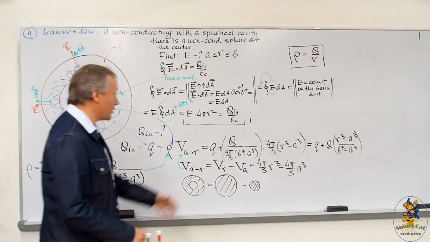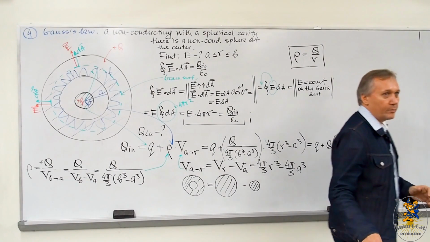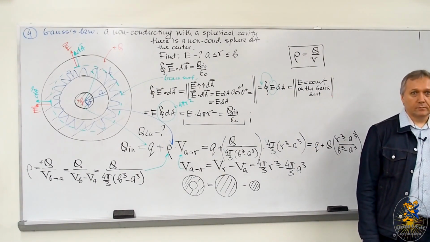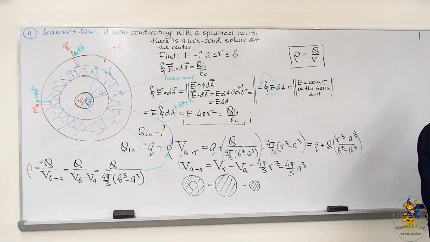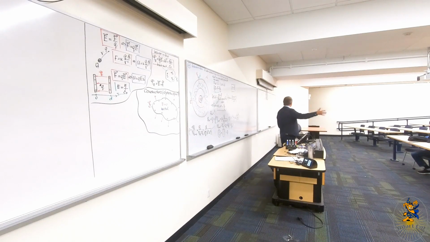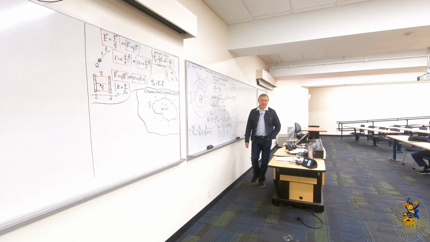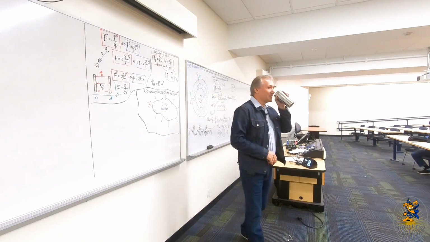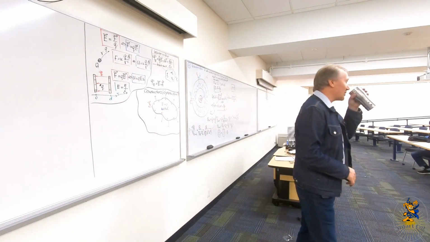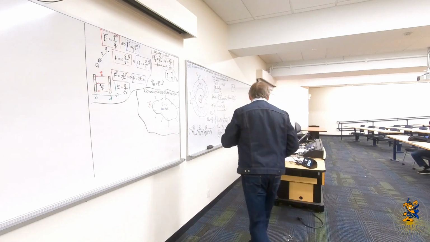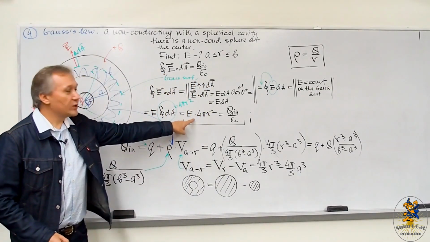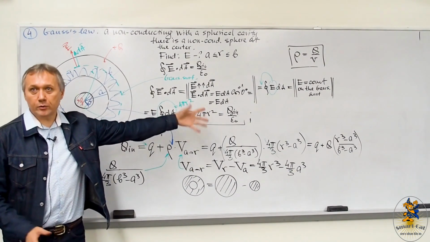I can replace charge with the word mass, and exactly the same logic must be applied. I tried to find another example, but cannot think of anything else, because in our life we have masses and charges all the time. Okay, so now we just need to go back, plug in Q enclosed, and finish the problem.